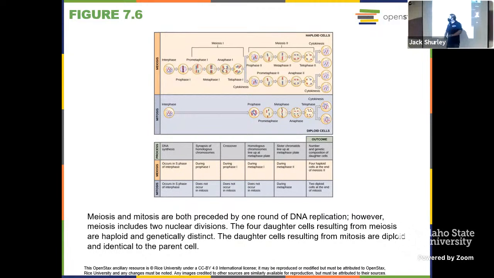It's mixed as they are kind of shuffled together. All right. So we go through our separation, separating those homologs, and now we've got the sister chromatids still paired together, and that's what gets separated in the next round of meiosis. That is very similar to mitosis, just the separation of those sister chromatids.